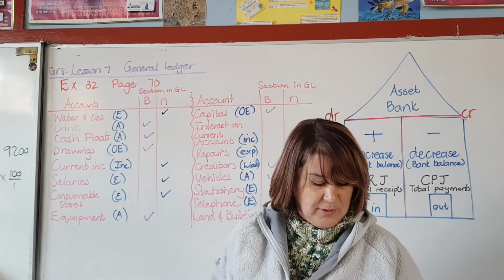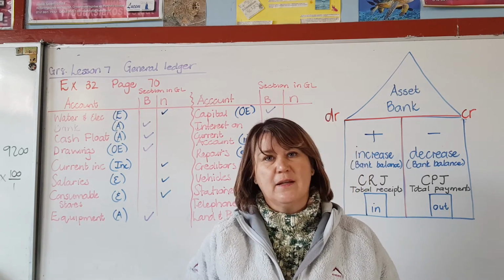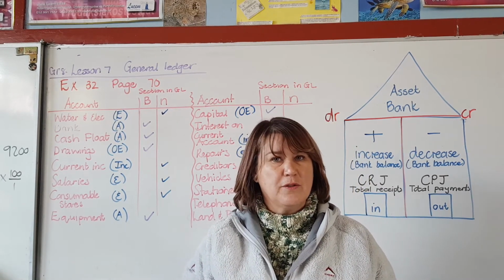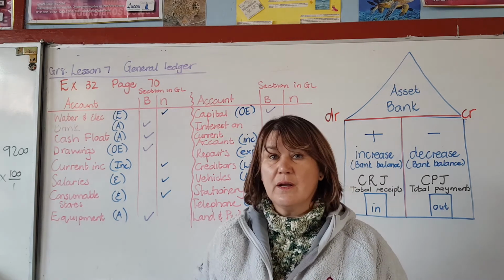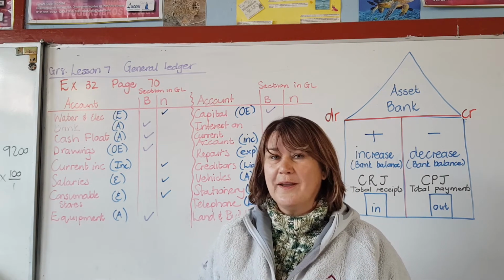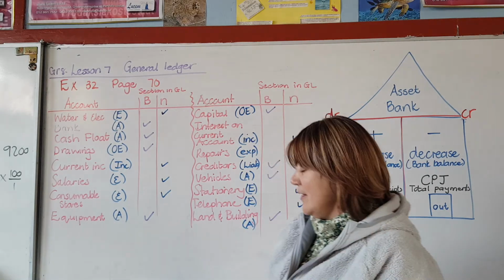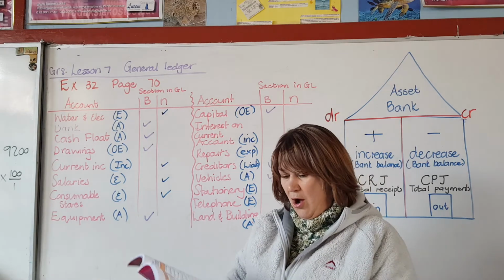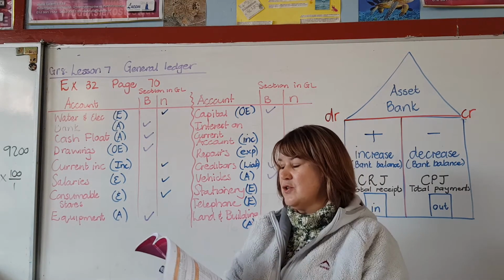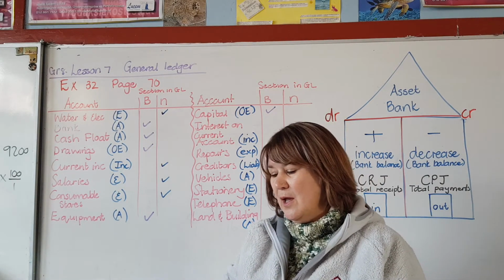Is that going to be 24th? Alright. So Tuesday. If it's not the 24th, then it's the 23rd. Man, 20, 21, 22, 23. Okay, Tuesday 23, 23rd of June. Please exercise 33 on page 70. If you can just do that exercise for me.